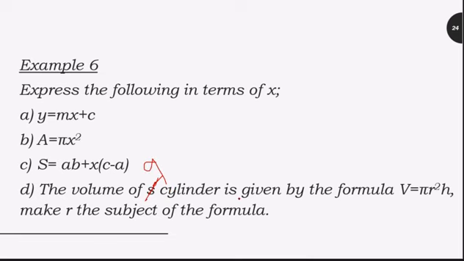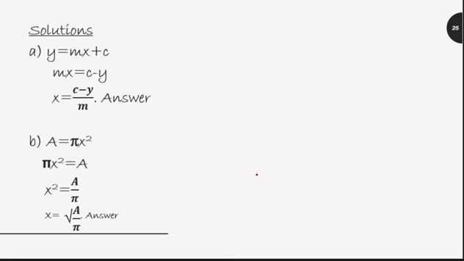So mx is equal to y minus c. Then divide by m, divide by m. Then what do you have?